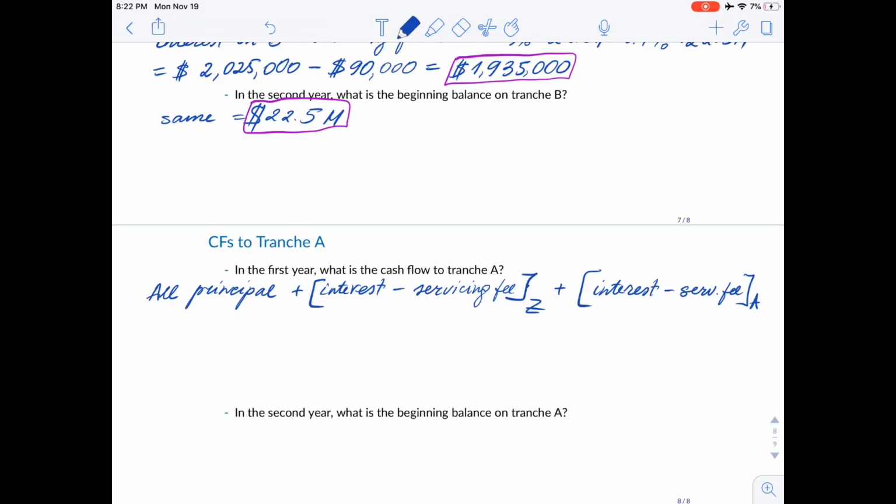So A gets its own interest, and then it also gets the rest of the money towards repaying of its principal.